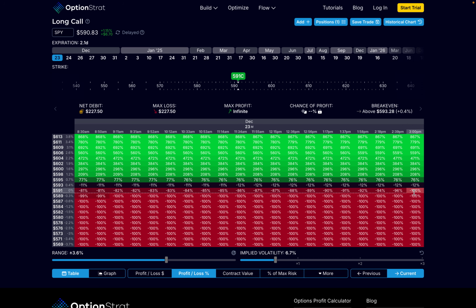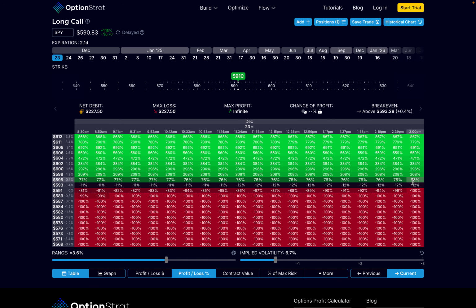However, because the time value is very low, since it expires the same day, this makes the contract very cheap. And so what this means is that a big move in your favor could make you a massive return in just one day. And so you can actually see this here looking at option strat.